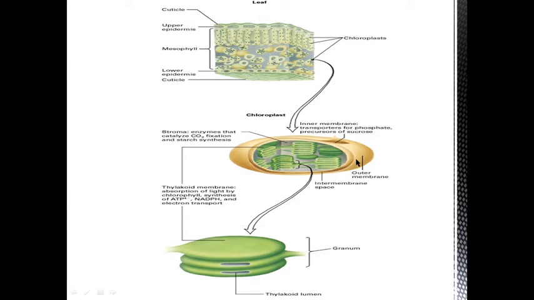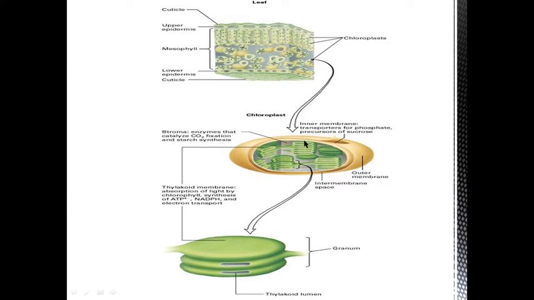Now the complete process of photosynthesis is divided into two parts. One is known as light dependent phase and second one is known as light independent phase. Now this is the portion of grana. In grana portion the light dependent phase of photosynthesis occurs.